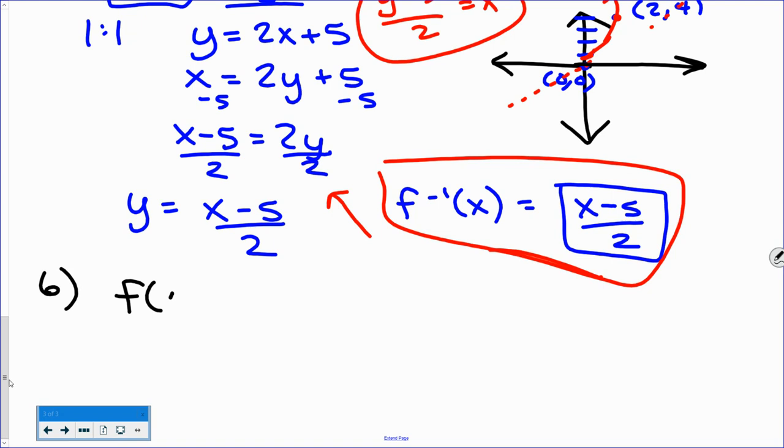So f of x equals x squared plus 2. Is this 1-to-1? What kind of graph is this? If you don't know, you can graph it on your calculator, or you can graph it in Desmos.com. Type in y equals x squared plus 2 and see what that graph looks like.